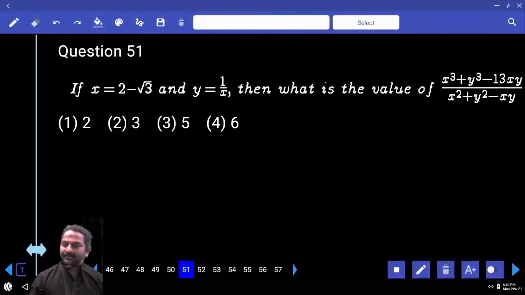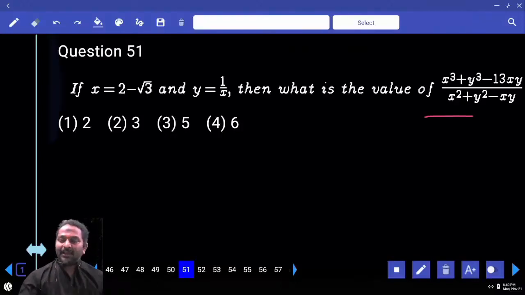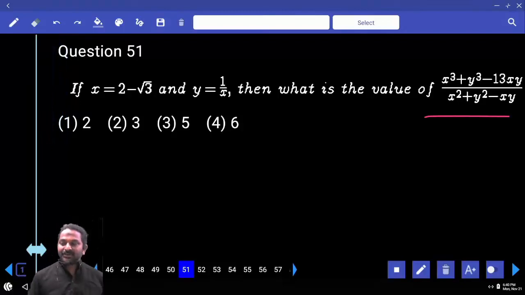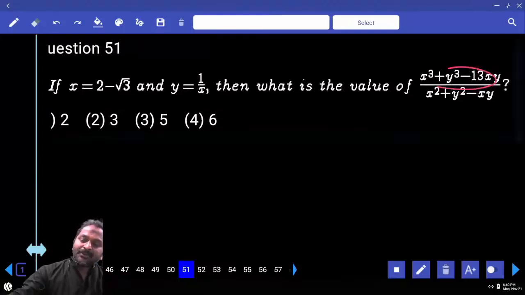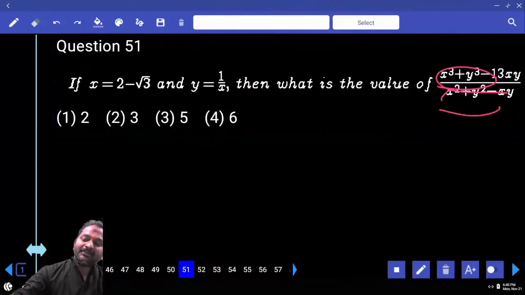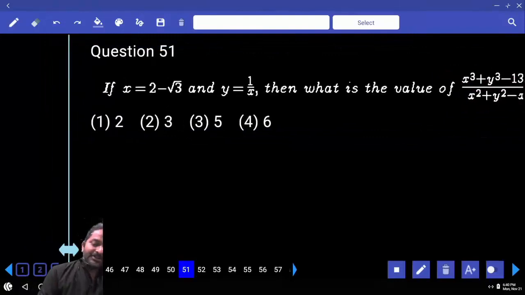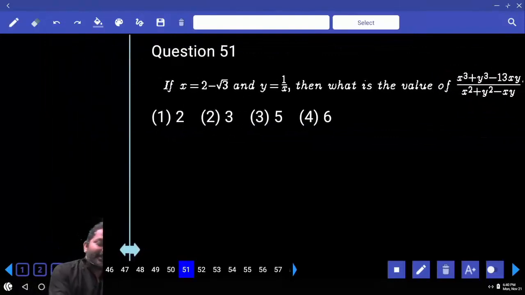Onwards from 51, we have to calculate the value of this equation: x cube y cube minus 13xy, x square y square. So we have cubic form and then square form, right? Let's identify the y value.